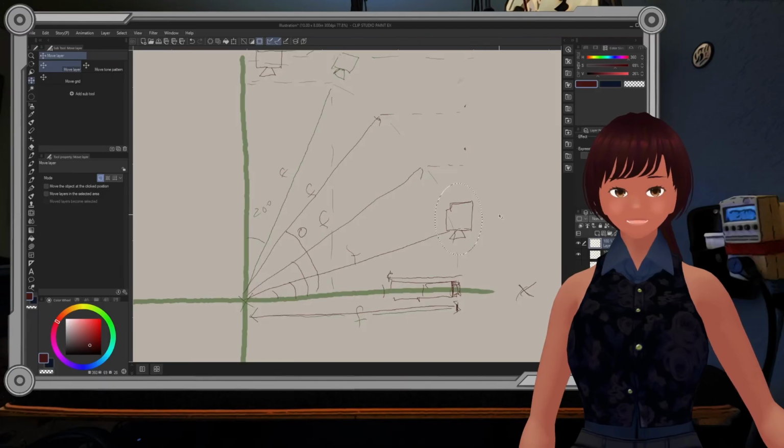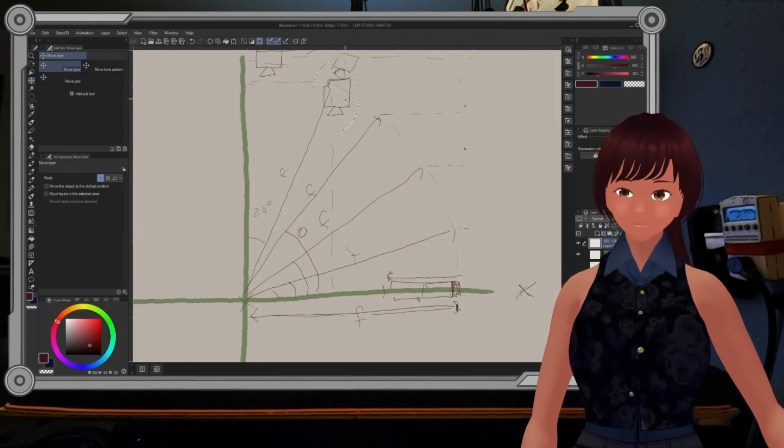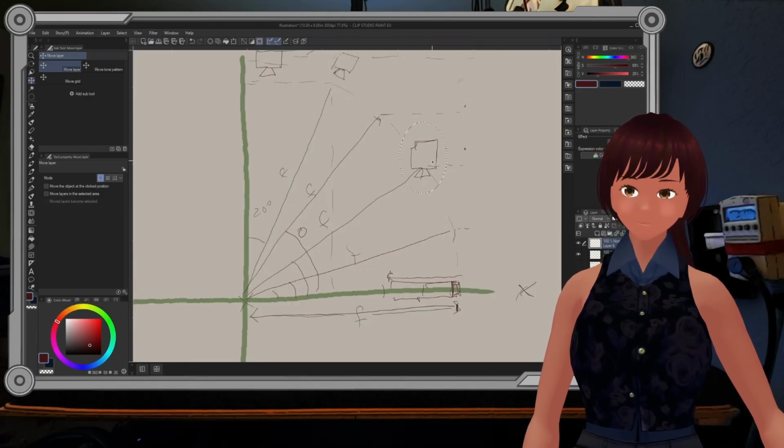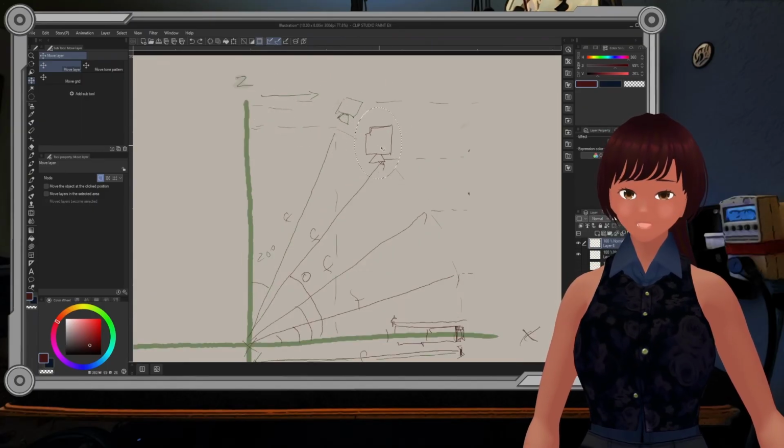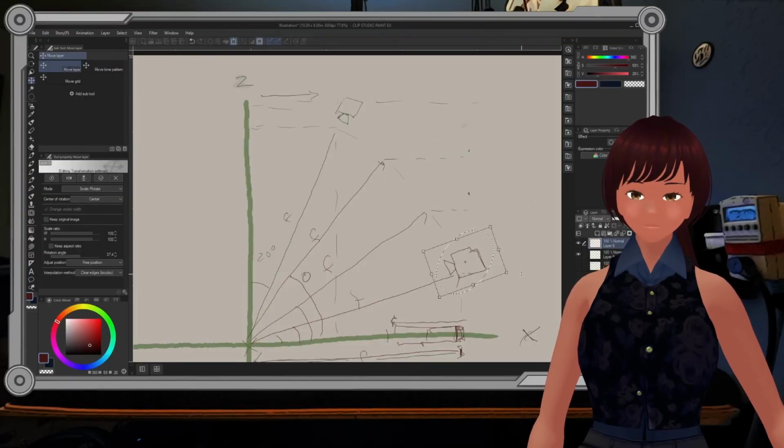The second set of information that I'm giving it tells it to rotate based on where it's on the sphere. So at 45 degrees, it's going to be here. But at 20 degrees, it's going to be here.